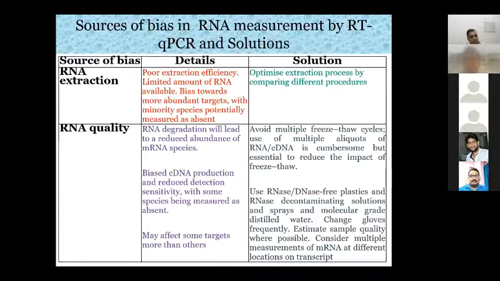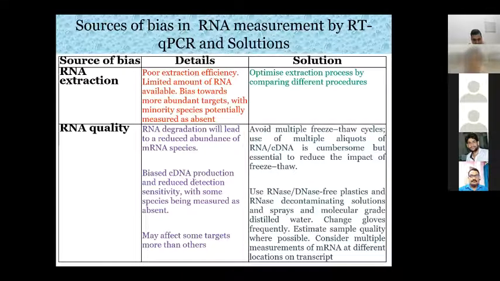So you first optimize the extraction process by comparing the different procedures. The biggest bias is RNA quality. RNA degradation will lead to reduced evidence of mRNA species. So you avoid multiple freezing-thawing cycles and use multiple aliquots of the RNA or cDNA. It is compressible, but essential to reduce the impact of freezing and thawing.